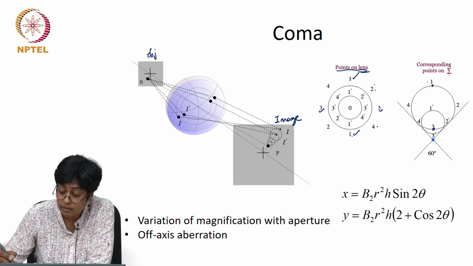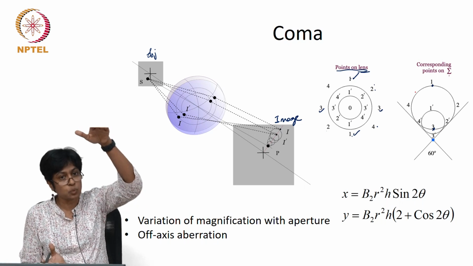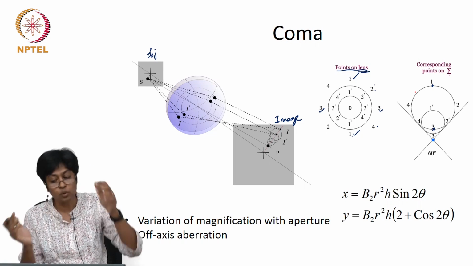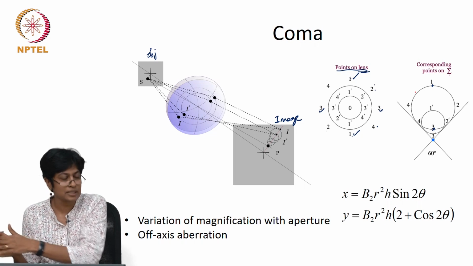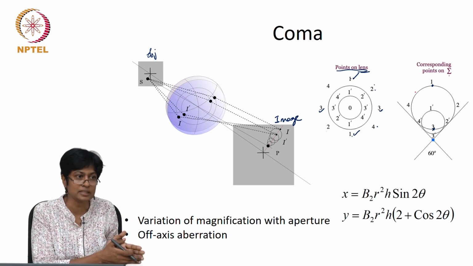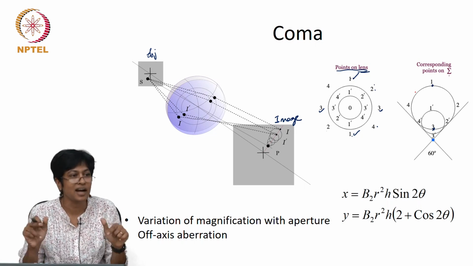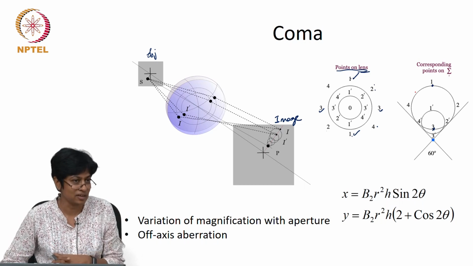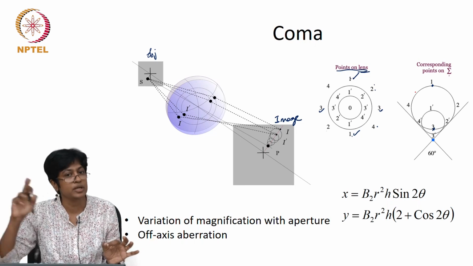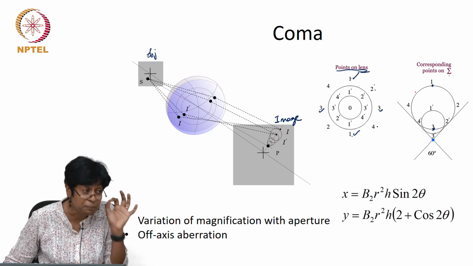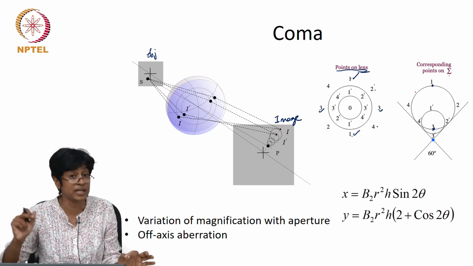In the image plane, both the rays 1 come to the same place, both the rays 2 go to the same place, both rays 3 go to the same place, both of the rays 4 go to the same place, but none of these are the same place. Instead, they lie on a circle. So instead of getting a point, you're getting a circle. For every point you should have got as an image, you're getting a circle.